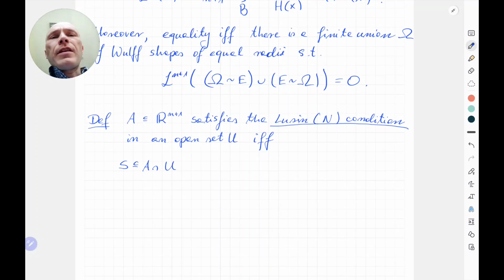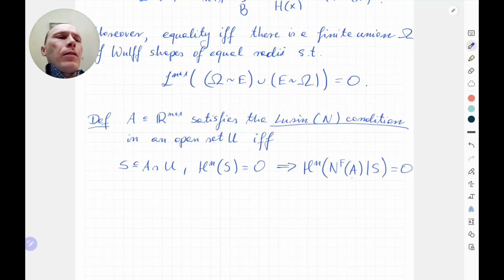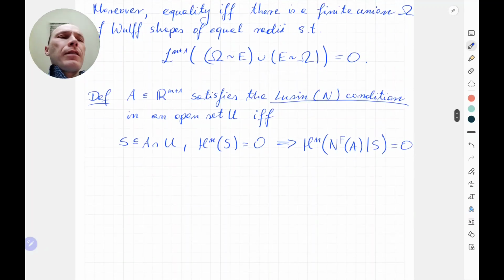Say I have a set S, which is a subset of A intersect U, which is a null set with respect to the n-dimensional Hausdorff measure. Then this should imply that the normal bundle of A over the set S also has Hausdorff measure 0, right?